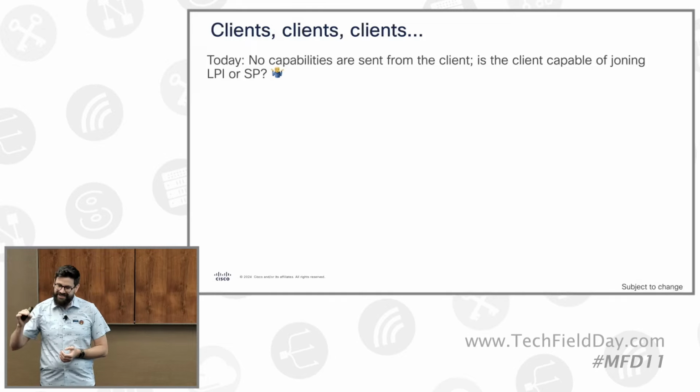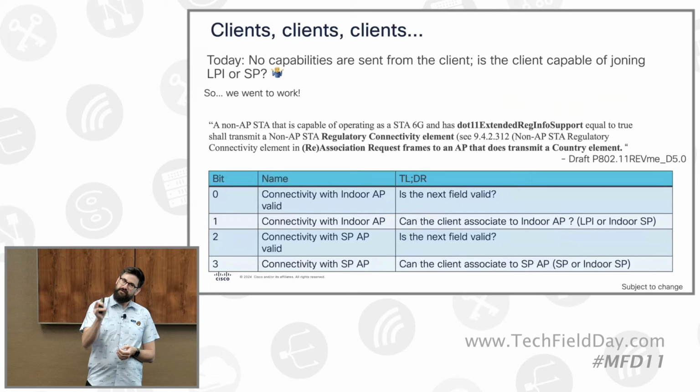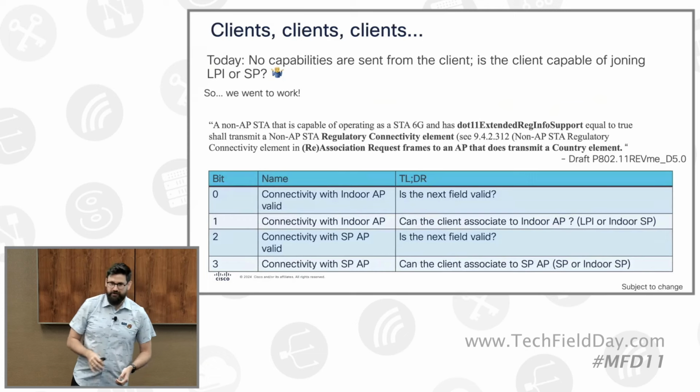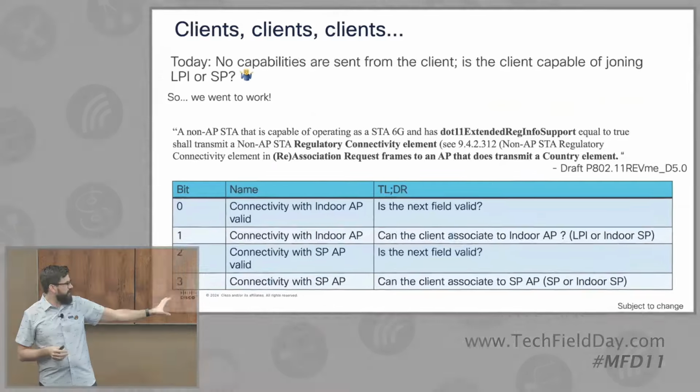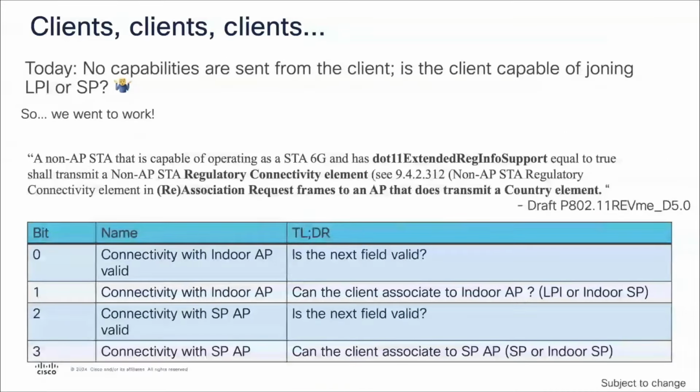And as of the latest ME version 5 draft, and I'm sure Adrian is listening out there, there's actually the introduction of a new field. There's 2 fields. One means the other field is valid. But we took the time and we sent our standards folks to work and said, please let the clients announce what they're capable of.